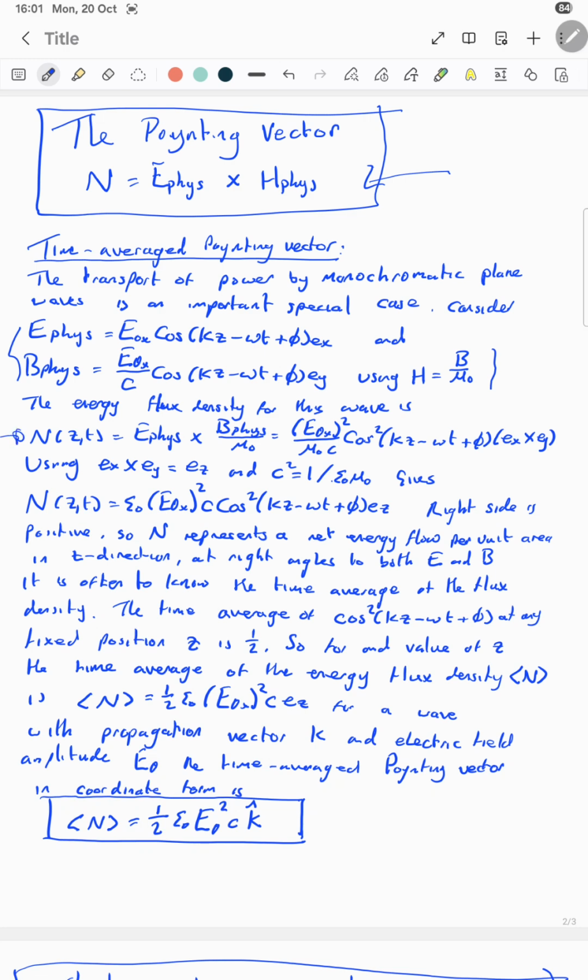And we're using the fact that we're comparing the operation of unit vectors like the cross products, and we're getting E z from this, and we're taking c squared to be 1 over epsilon naught mu naught, which is in free space, which gives this as a Poynting vector.